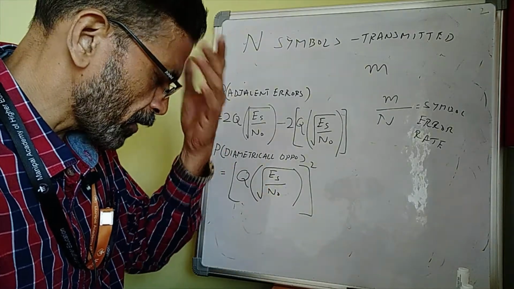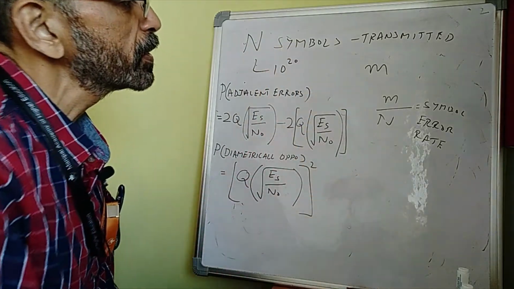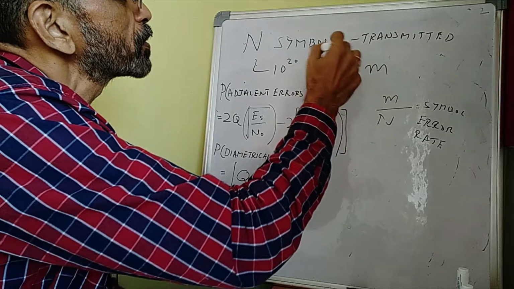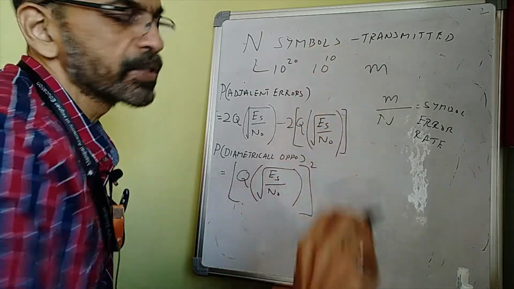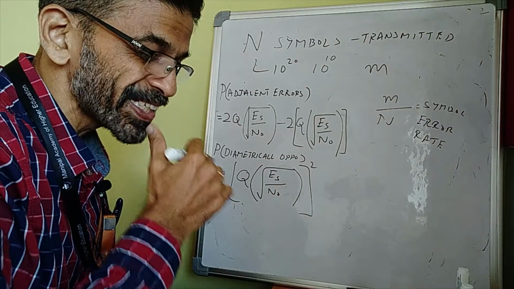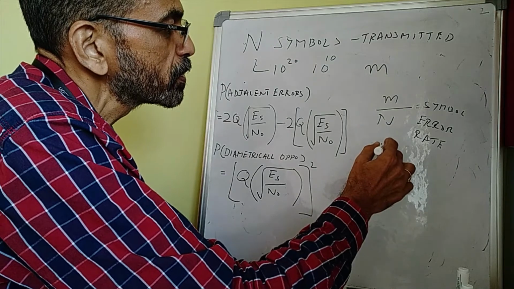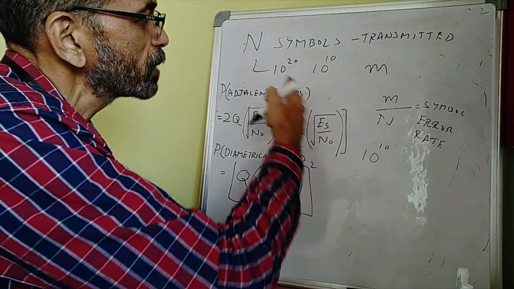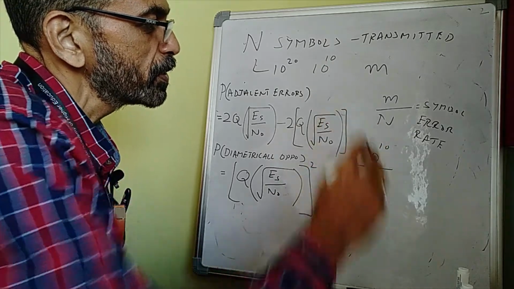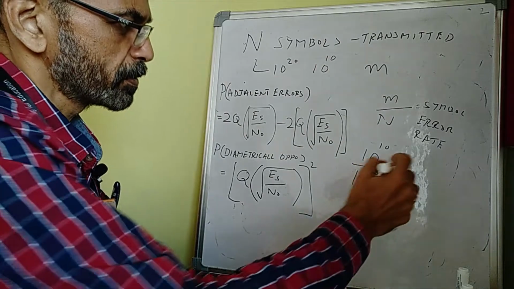So let n be 10 power 20, and out of 10 power 20, let's say we have detected 10 power 10 erroneously, in the sense we have made a mistake in detecting 10 power 10. Then the symbol error rate is, so small m is this, capital M is this, out of 10 power 20, 10 power 10 have been detected erroneously.